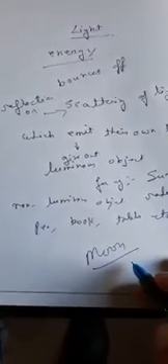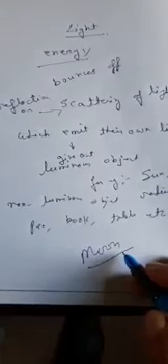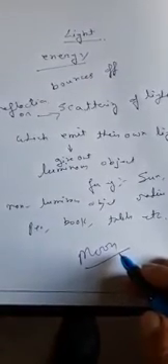For example, the moon. The moon is a non-luminous body. But in the night time, it is shining and it becomes visible to us also. Why?